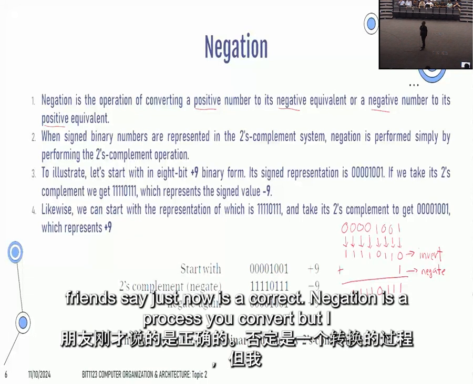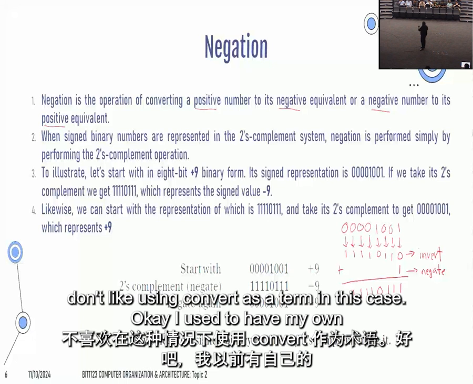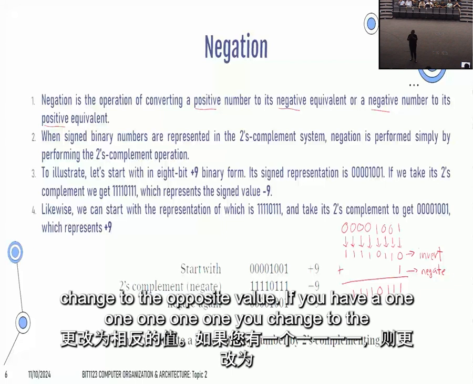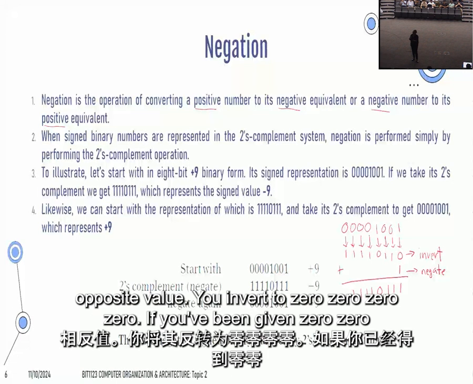So what your friend said just now is correct. Negation is a process where you convert. But I don't like using convert as a term in this case. I have my own term: invert. It means you take any positive number and change it to the opposite value. If you have 1, 1, 1, 1, you invert to 0, 0, 0, 0.